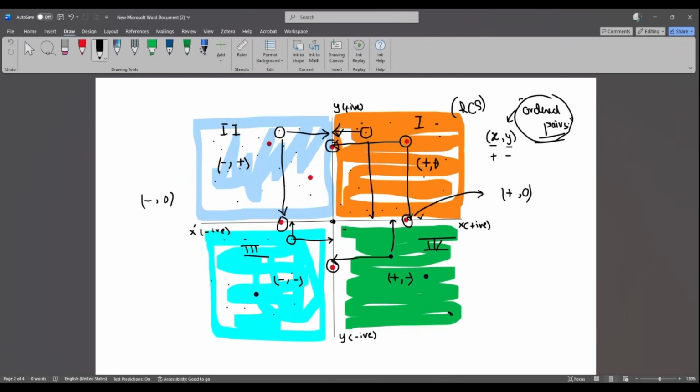Similarly, if we go up above the origin, this point corresponds to a value of X that is 0. We go towards the origin and then up above. So we get an X value that is 0, and a value of Y that is some positive value. This is what we call the Y-intercept.